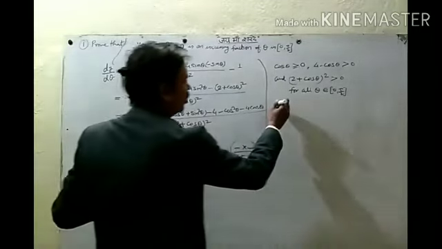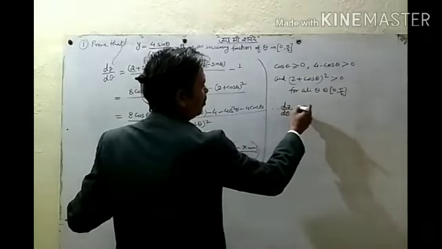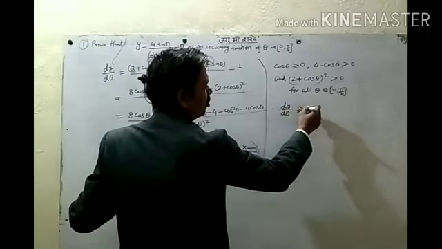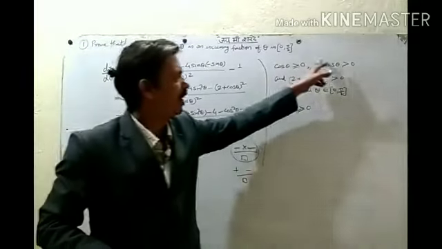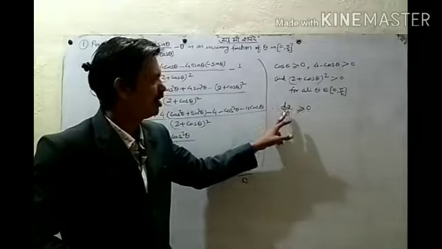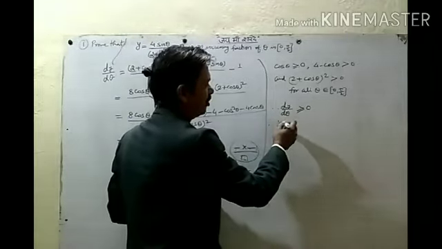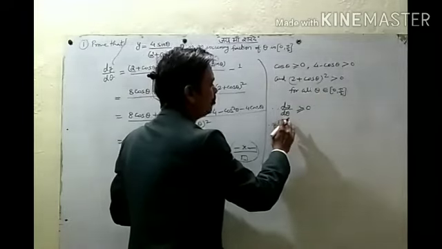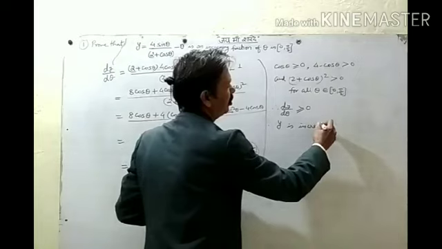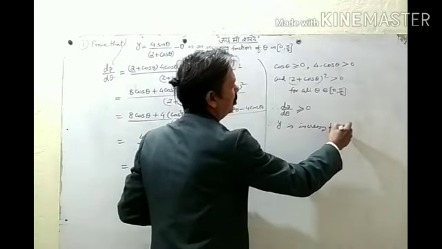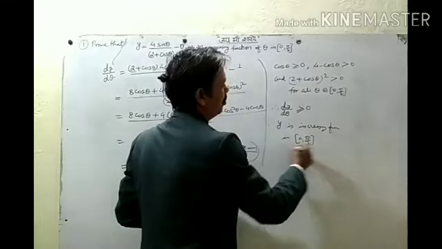It means dy by d theta can be more than or equal to 0. These values will give you dy by d theta more than or equal to 0. It means the given function y is an increasing function in the interval 0 to pi by 2.